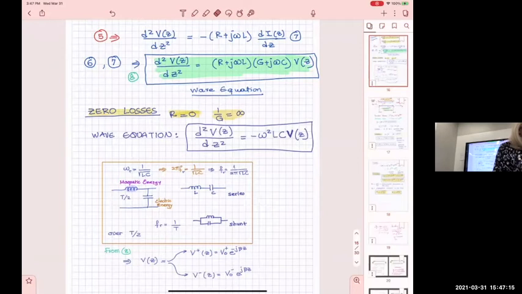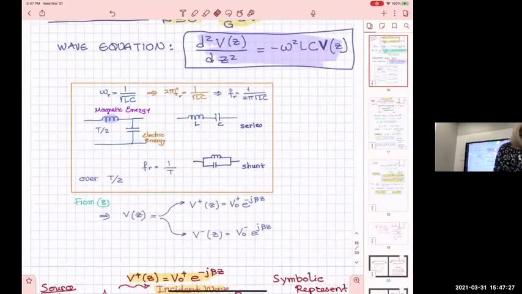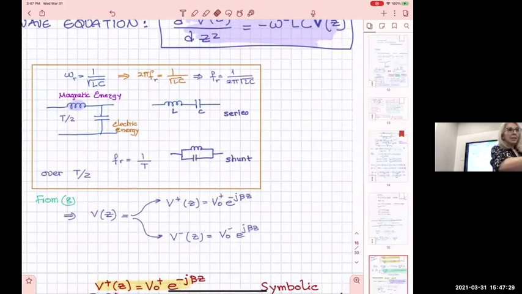But for the lossless case, it is a second order differential equation without R and G, only with L and C. For this lossless case, you can prove that there are two possible solutions for this voltage. Two. For a second order equation, you expect two solutions, right?